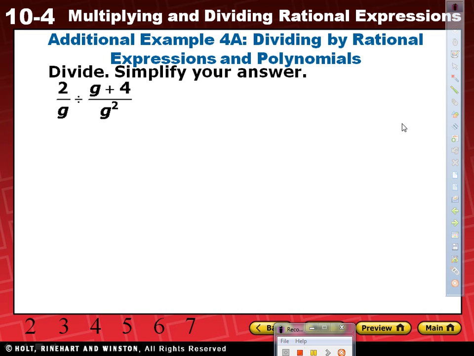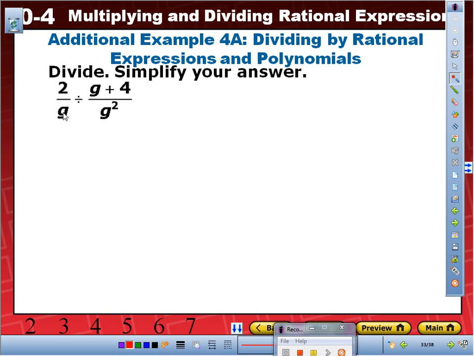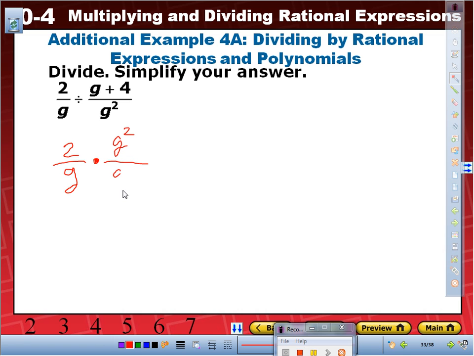So this is the only thing that you need to know for division. Check this out. The first fraction stays the same. Change the operation to multiplication and multiply times the reciprocal, which is g squared over g plus 4. Do we know how to multiply these? Yeah, we've been doing them all along, right? And that's it. That's all you need to do for division. So pretty much it's multiplication, except for that first step.